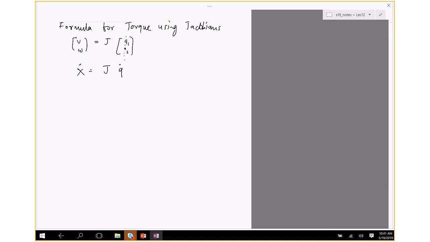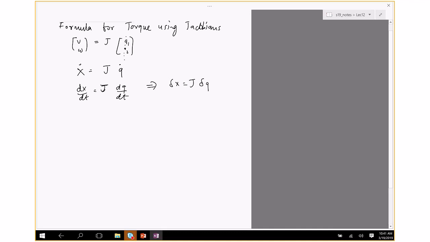But what is x dot? It is dx dt equals J times dq dt. I could also write this as delta x equals J times delta q. Essentially, I've got rid of the dt.